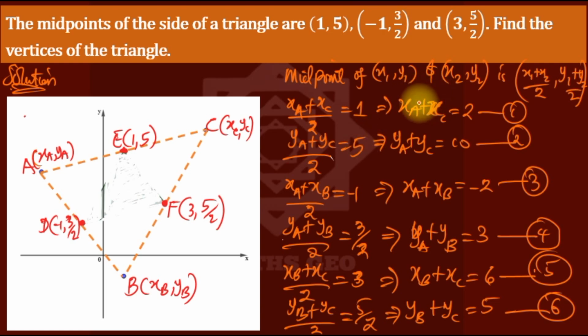So we can see I have XA here. Which ones have XA again? I can eliminate XA by subtraction. If I do equation 1 minus equation 3, I will eliminate XA. So let's move to the next page.